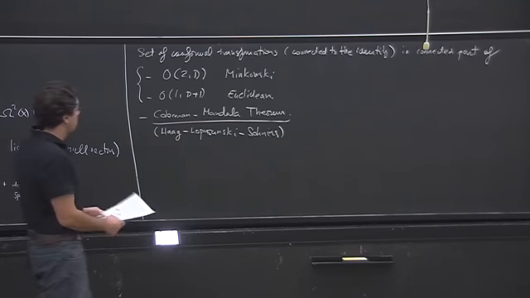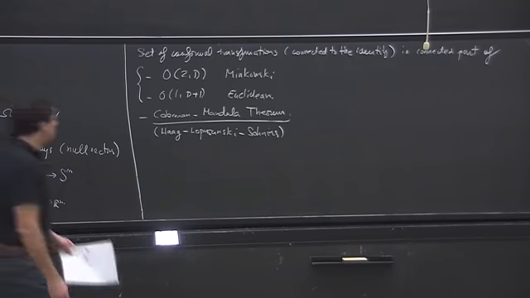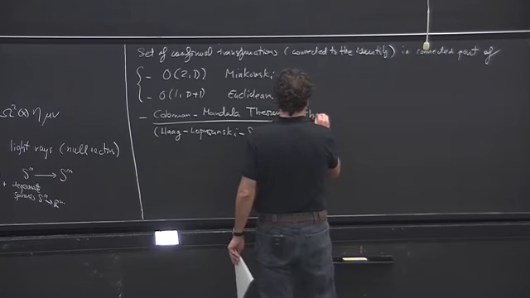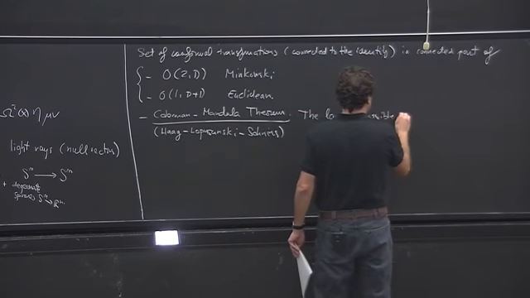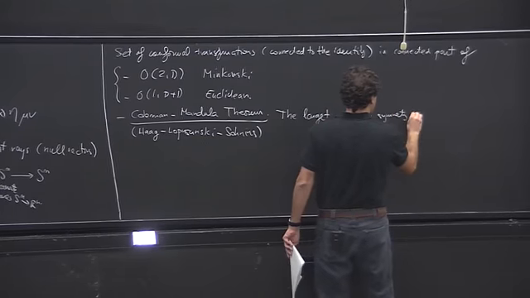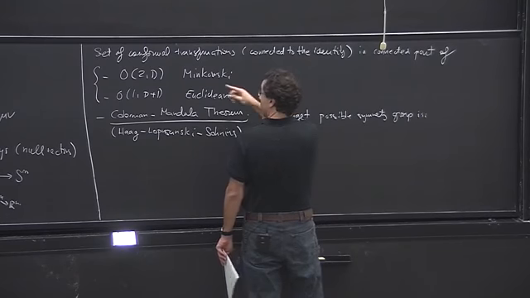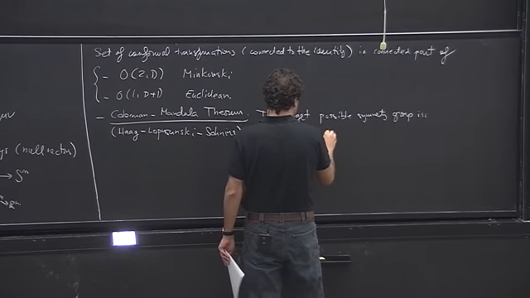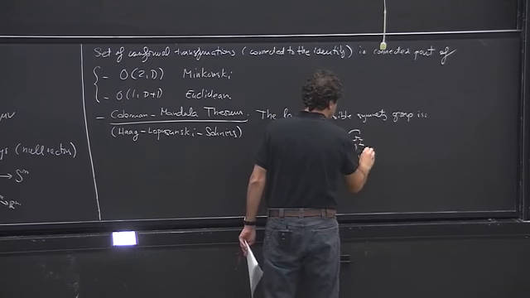The statement is that if you take a relativistic quantum field theory, and you want the theory to be non-trivial, which means that the correlation functions are non-trivial and the S matrix is not trivial, the largest possible symmetry group is the direct product of precisely the conformal group times some internal symmetry, which is not a space-time symmetry.